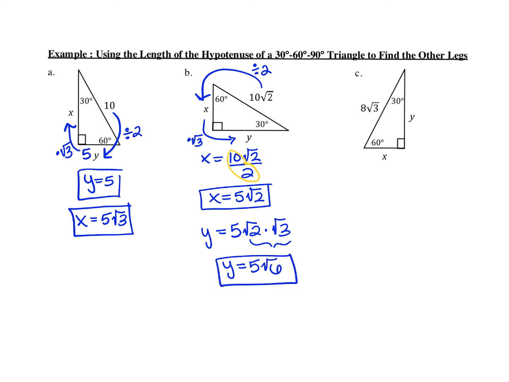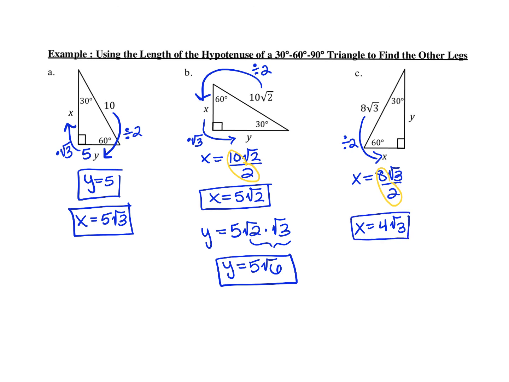All right, let's take a look at this last problem, letter C. We are given the hypotenuse. So if I have the hypotenuse, I want to go from the hypotenuse to the short side. So that would be dividing by 2. So it would be 8 root 3 divided by 2, and then you can simplify the 8 divided by 2 to get 4 root 3 for x.